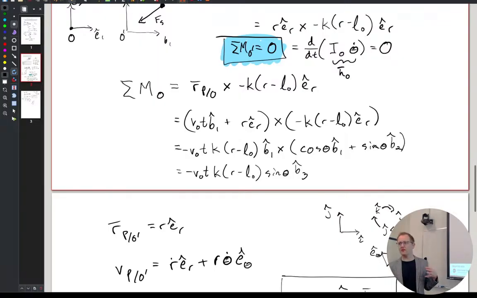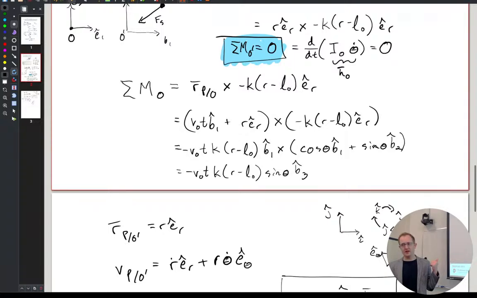Which frame can we say it's always the same value? In our O prime frame, even though it's a moving frame, angular momentum around O prime is always whatever it started with, forever, at least based on our free body diagram. If it's real life, then maybe there's drag or friction or something.